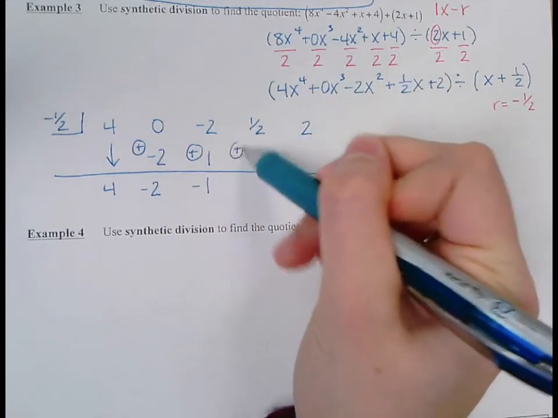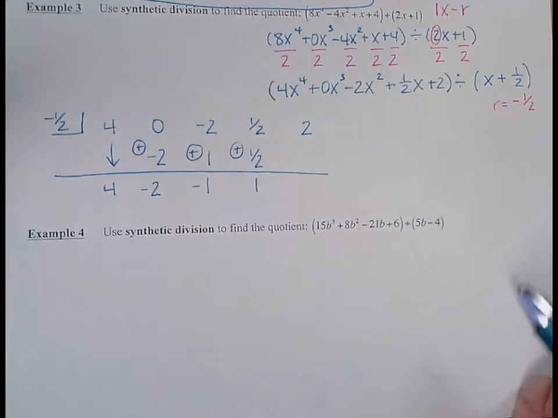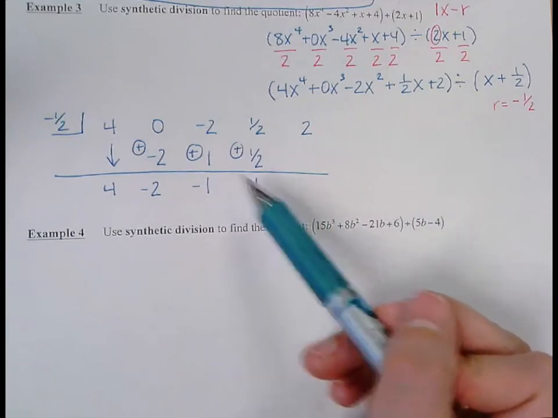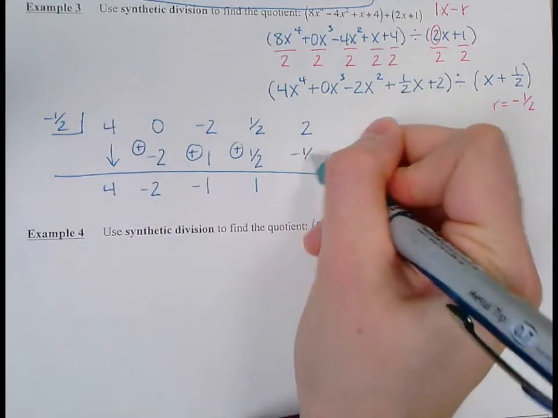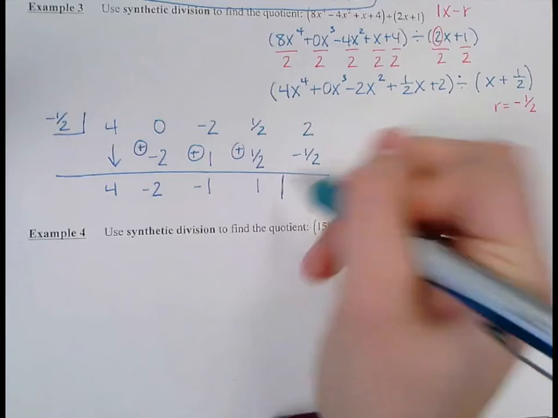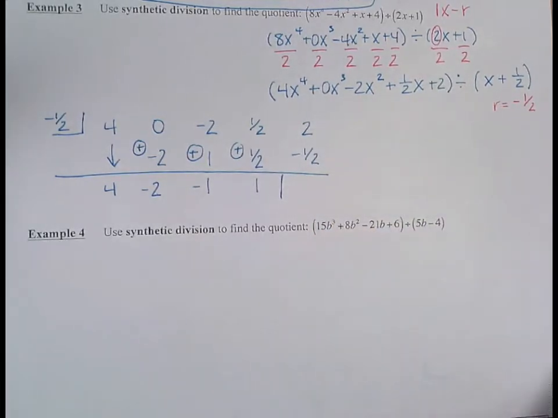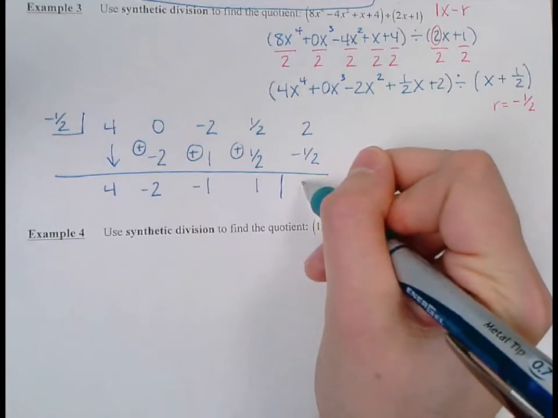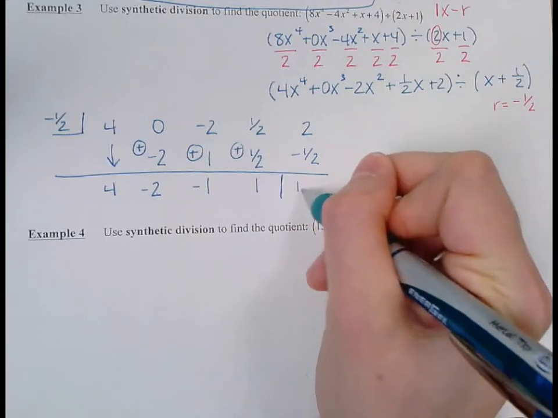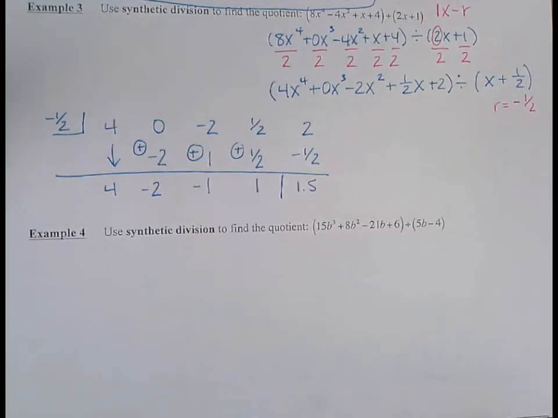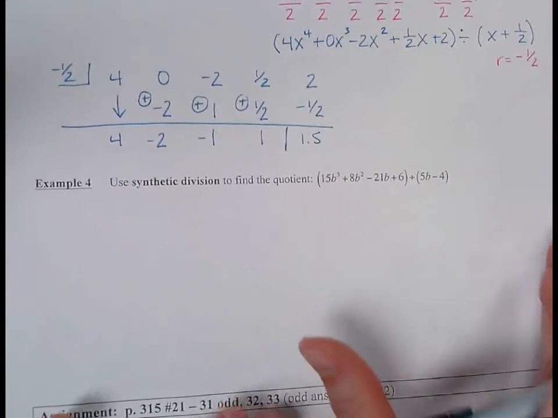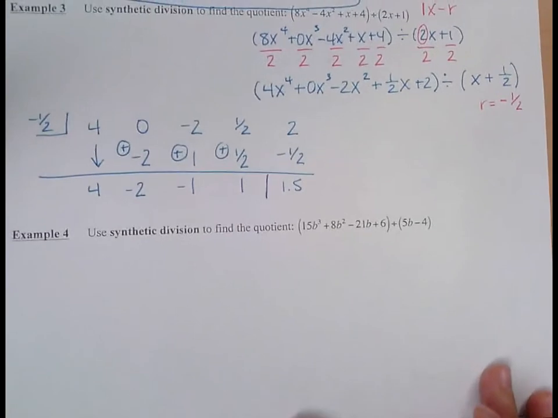And that gets added to 1/2, so that's 1. And then 1 times -1/2 is -1/2. And this is going to be our remainder. So 2 minus a half or plus -1/2 is going to be 1.5, or 3 halves if you kept it as a fraction. Either one's fine.